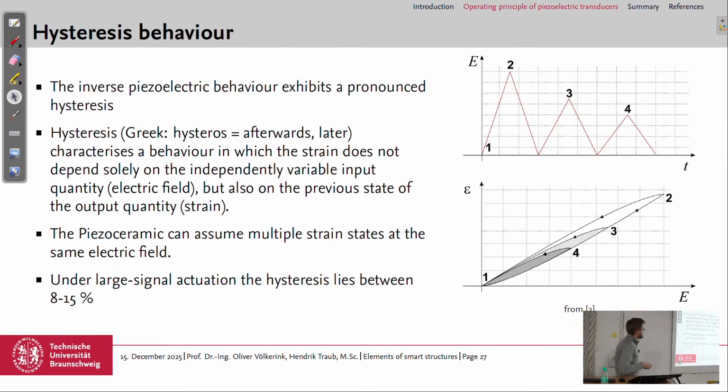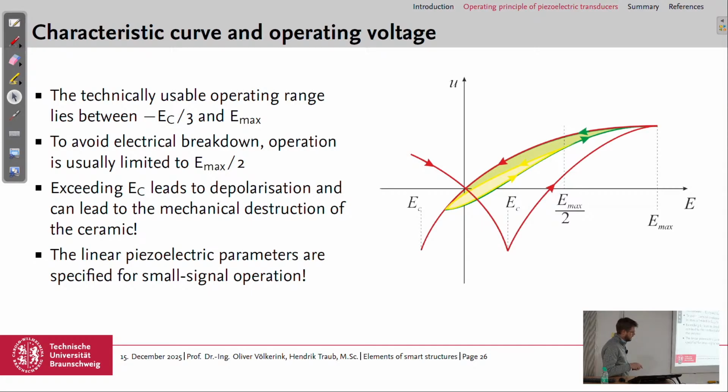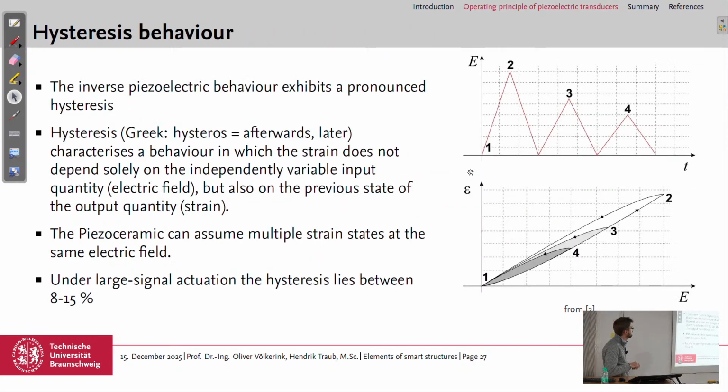So if we look at these hysteresis now, with different electrical field time histories, then we can see that this hysteresis characterizes a behavior in which the strain does not depend solely on the independently variable input quantity, the electric field, but also on the previous state of the input quantity.